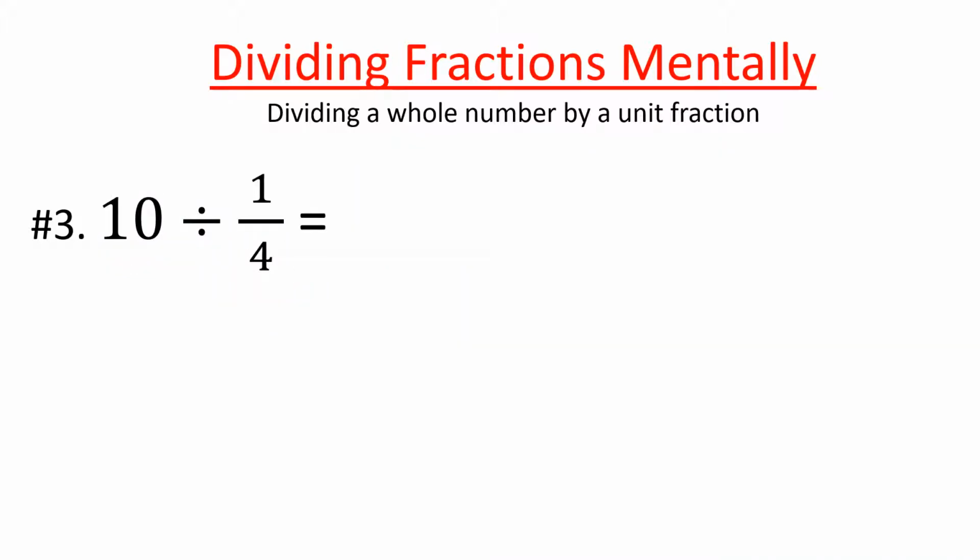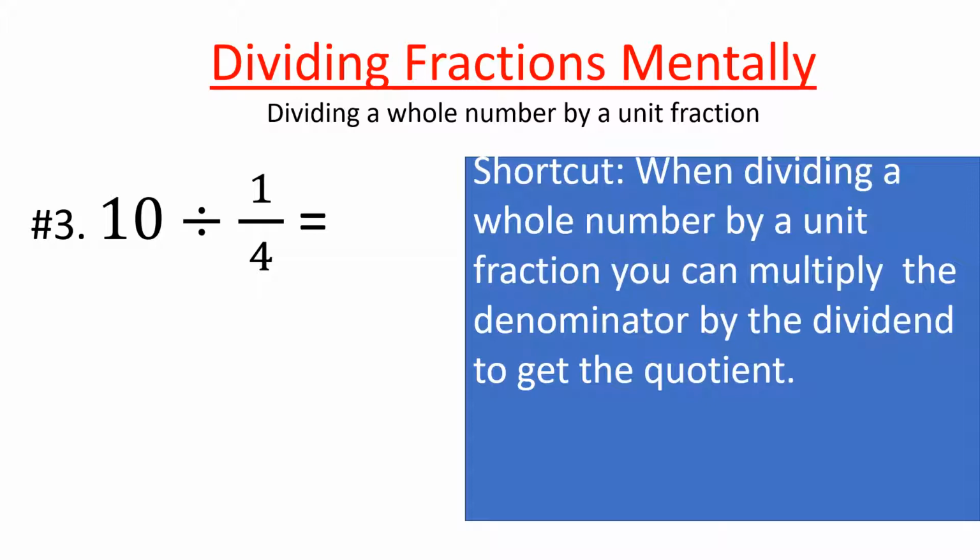Problem number 3, we're going to jump straight to the shortcut, 10 divided by 1/4. And here's another situation where my dividend is a whole number and my divisor is a fraction. So in that situation, you can multiply the dividend by the denominator of the divisor.